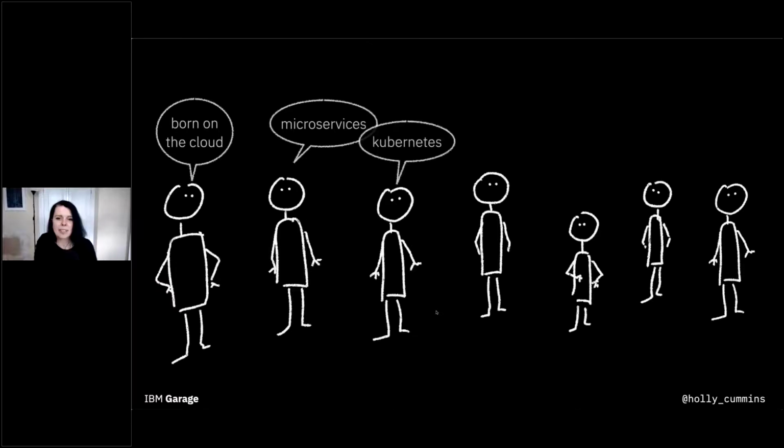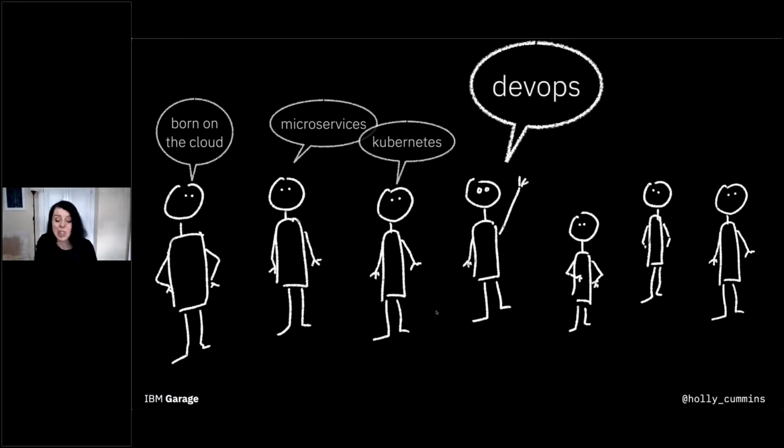And someone else might say, actually, it's really about DevOps. A lot of the things that we talk about with cloud native, like being able to get to production quickly, are actually DevOps ideas.